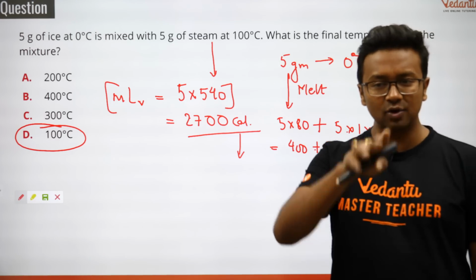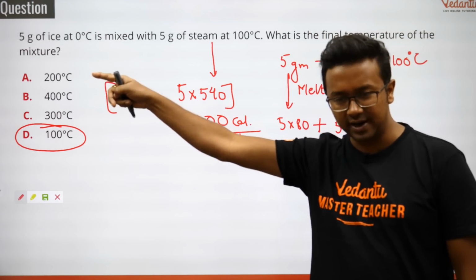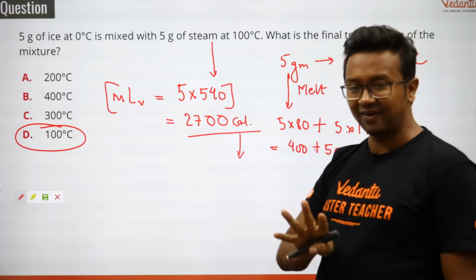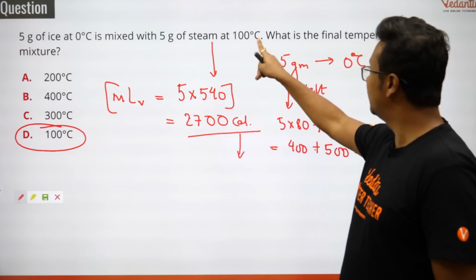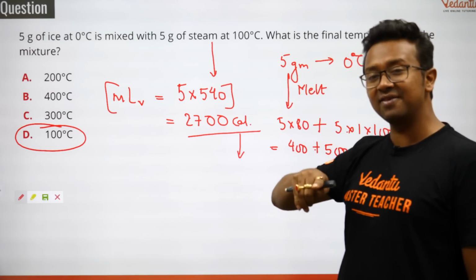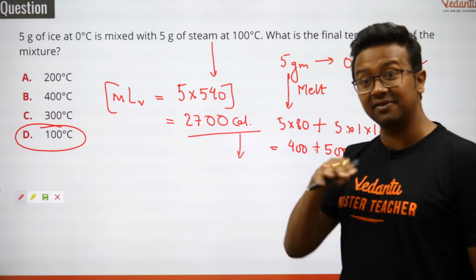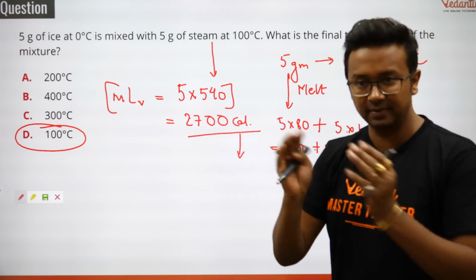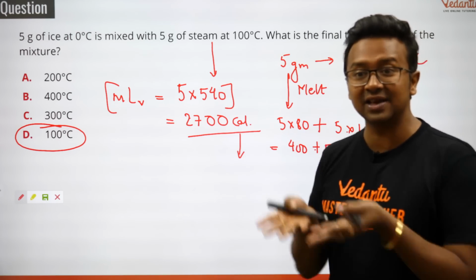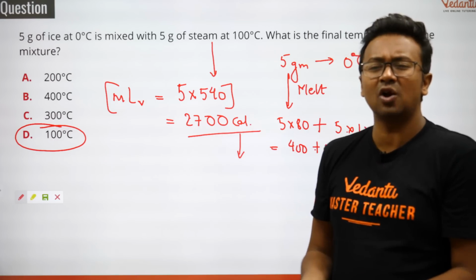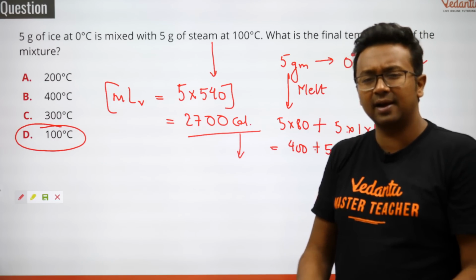900 calories are required to melt it and take it from 0 to 100. Now for the steam, if all the 5 grams were to convert into water, 2700 calories it will give out. Okay, 900 is needed, 2700 is coming, but 2700 is not required, only 900 is required.